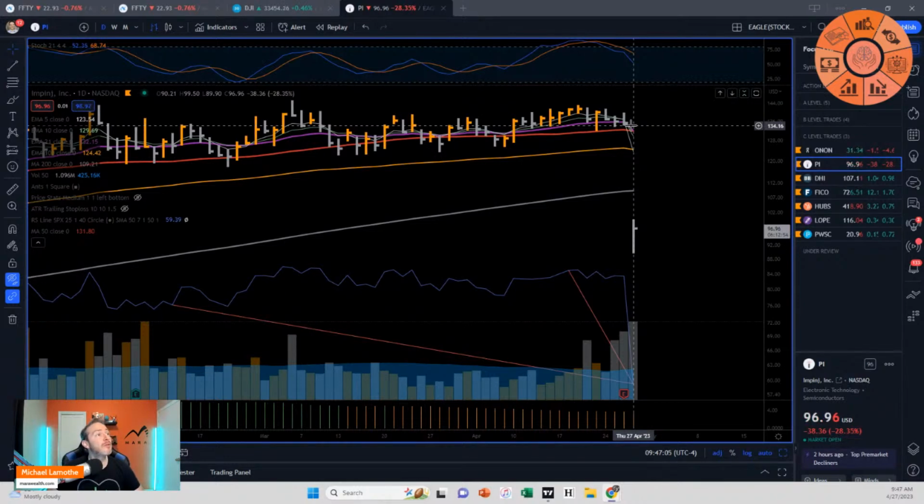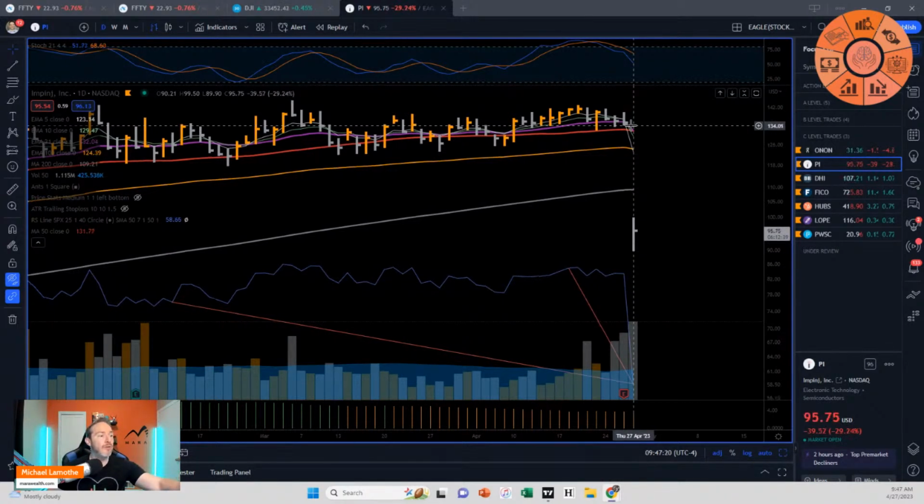We only want to be taking setups that are within our system, within our style of trading. That doesn't mean we can't add to our system, but going into any kind of trade that we're going to take, we want to make sure that we have edge. Edge means that if we were to trade this setup 100 times, we're going to come out ahead by the end of the 100 times.